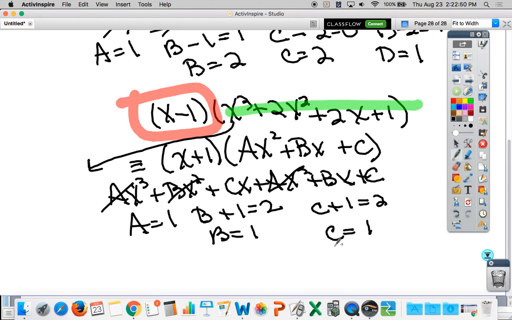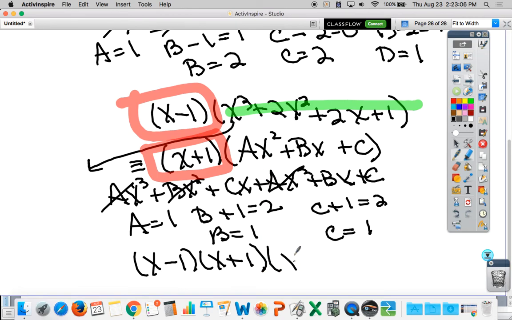That's right. So I have this factor, which I already had up here, right? We knew this was a factor. We also know that one is a factor. And now we know that one is a factor.